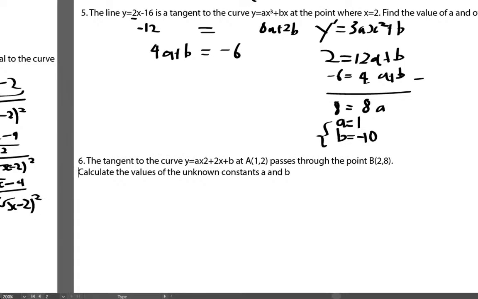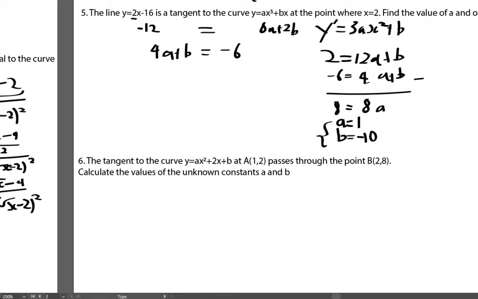Okay. This might seem a bit complicated, but you need to know some facts about it. You need to read this a bit carefully. The tangent to the curve of the function at A(1, 2). That means A would be a solution of the function.